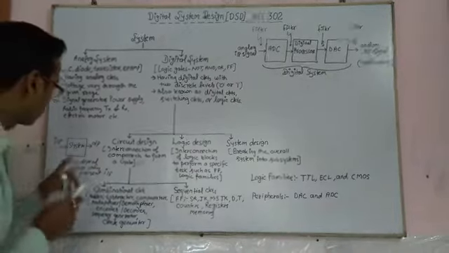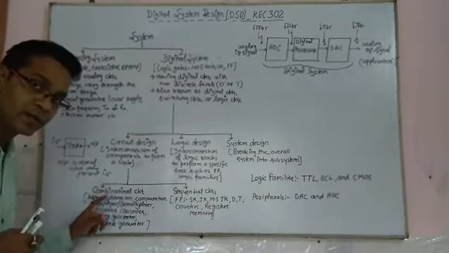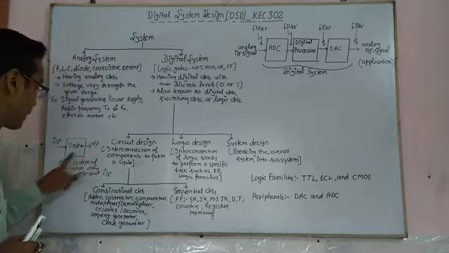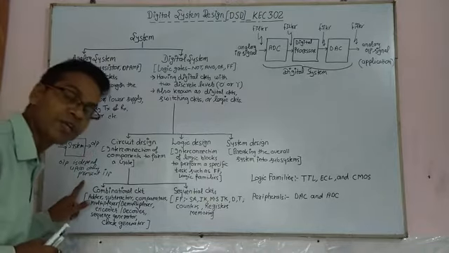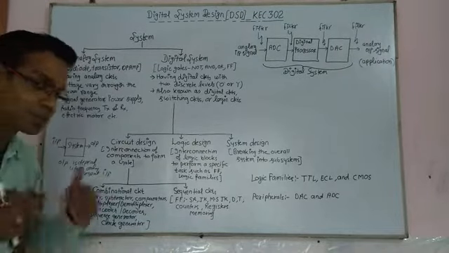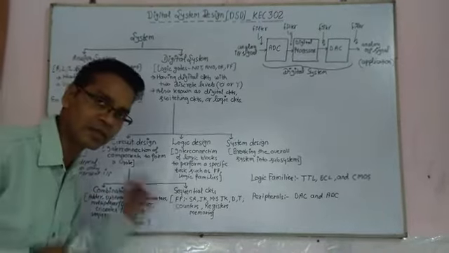The circuit in which the output depends only upon the present value, only the present input, is known as a combinational circuit.